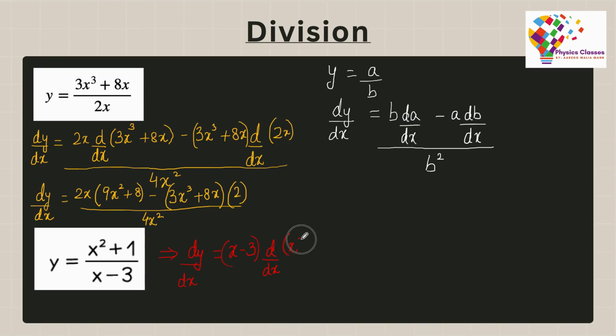Further, we simplify it. So x minus 3 times the derivative of x square plus 1, which is 2x, minus x square plus 1. The derivative of x minus 3 is just 1. So this whole divided by x minus 3 whole square.